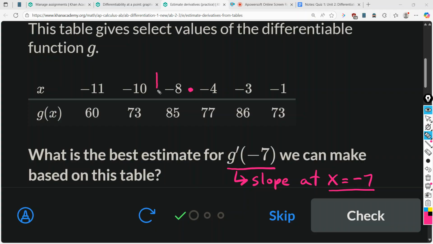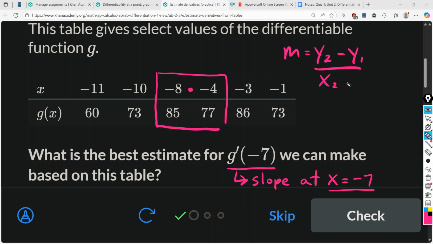So we are going to work with this pair of coordinates right here. Okay, as we have been doing for slope, y2 minus y1 over x2 minus x1. For the y's, we can subtract either way. 85 minus 77.